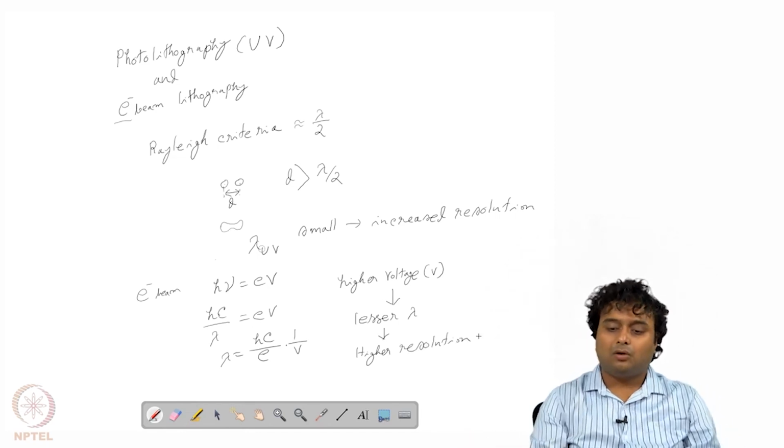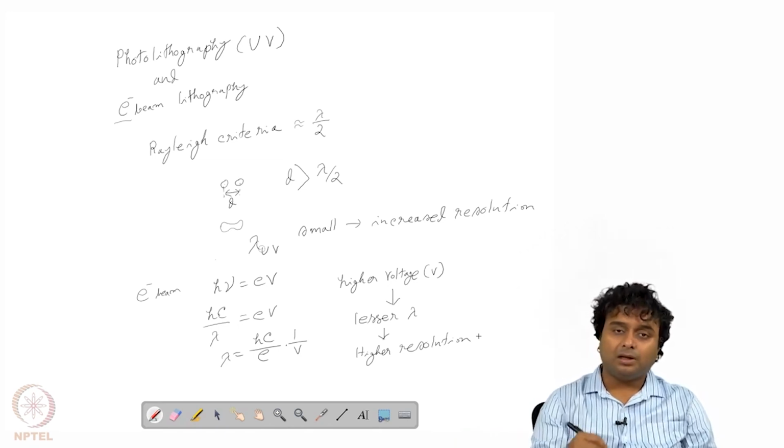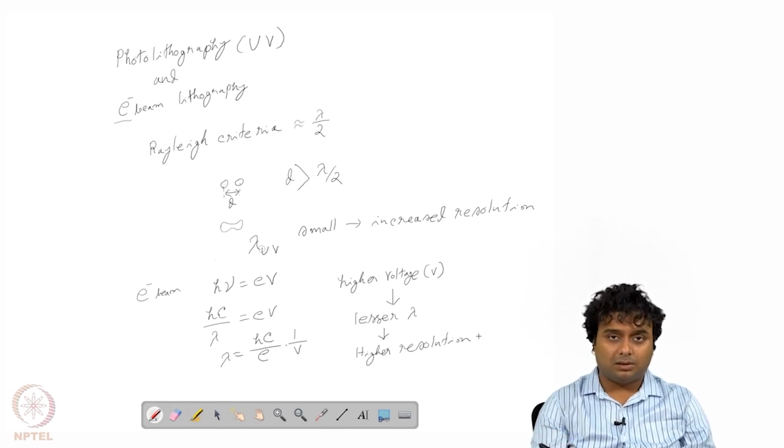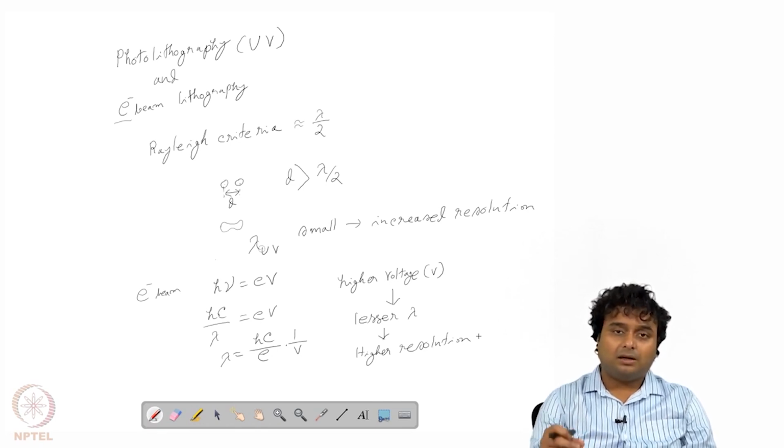That is why we use UV light and electron beam for micro and nanoscale patterning, because by applying a particular wavelength of UV light or a particular high voltage, we can focus it at a nanometer scale, or micrometer scale is anyway achievable.